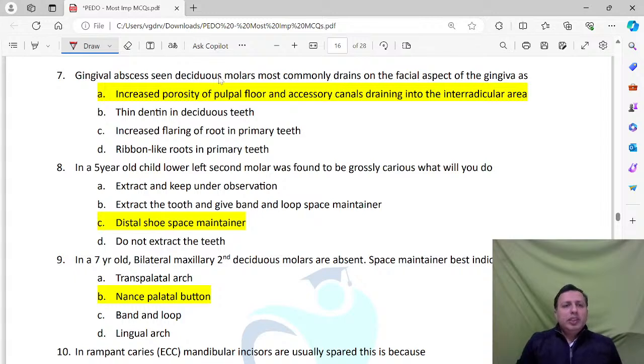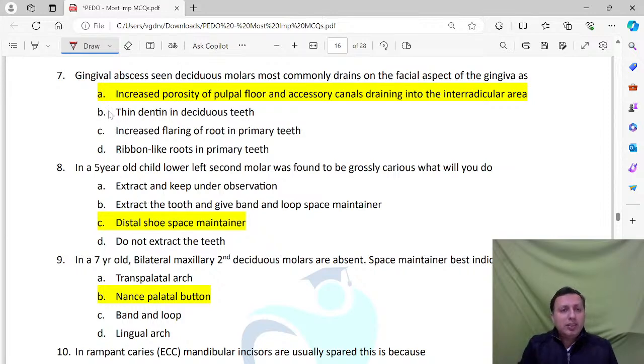Now the next question is, the gingival abscess in the primary molars most commonly drains on the facial aspect of the gingiva. Why does it drain on the facial aspect of the gingiva in the primary molar? It is because of the increased number of accessory canals located in the furcation area of a primary tooth, and whenever you see an IOPA X-ray of a primary molar, you will see the radiolucency present in the furcation area.